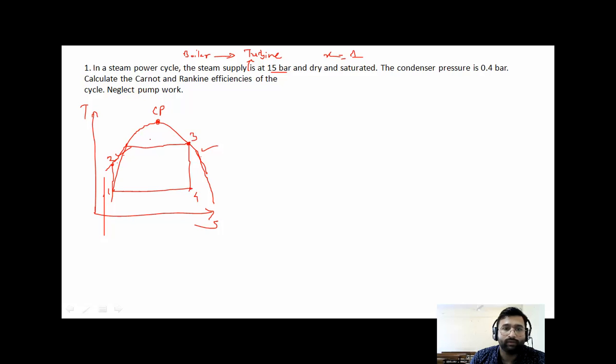So this is the boiler where heat is added, Q in. This is the work done in the turbine. Then heat is lost in the condenser, Q out. And this is the pump work, WP. In this case, they have said neglect the pump work, so this will be equal to 0.